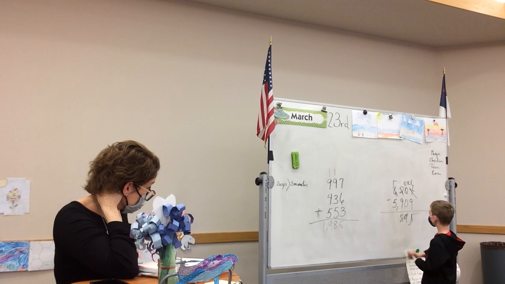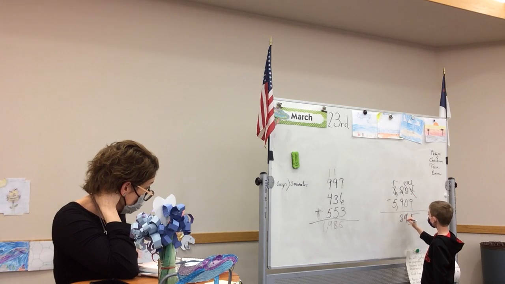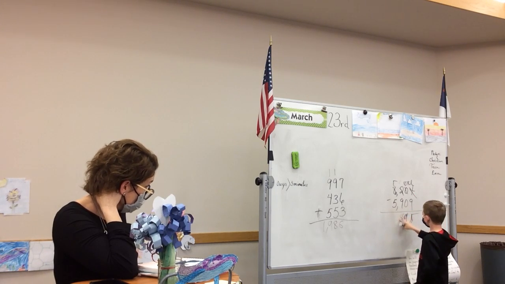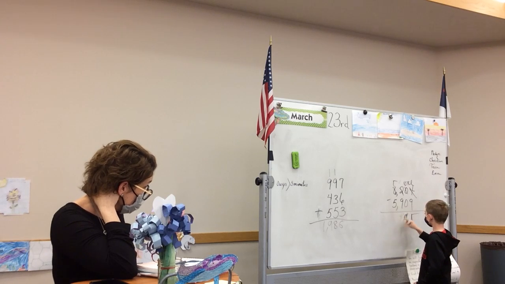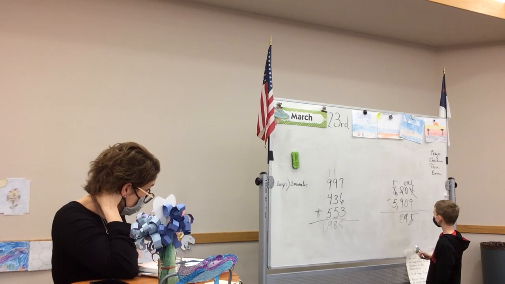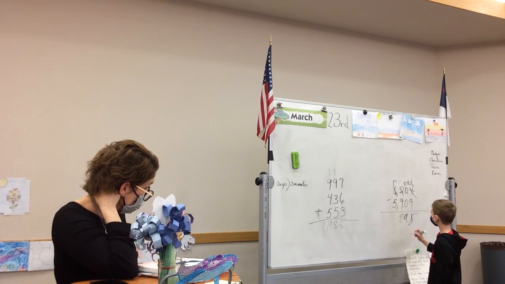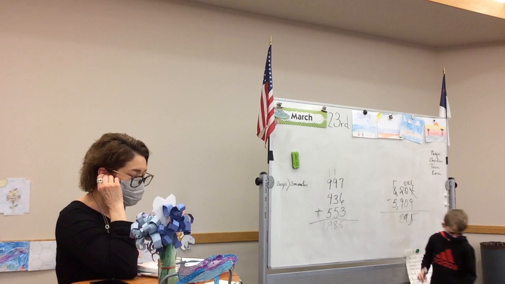Yes, correct. So the 8 turns into a what? There you go. Remember, you had to borrow multiple times, so you have to keep track of what you borrowed and where you take the borrowing from. So there you go. 295 is the correct answer.